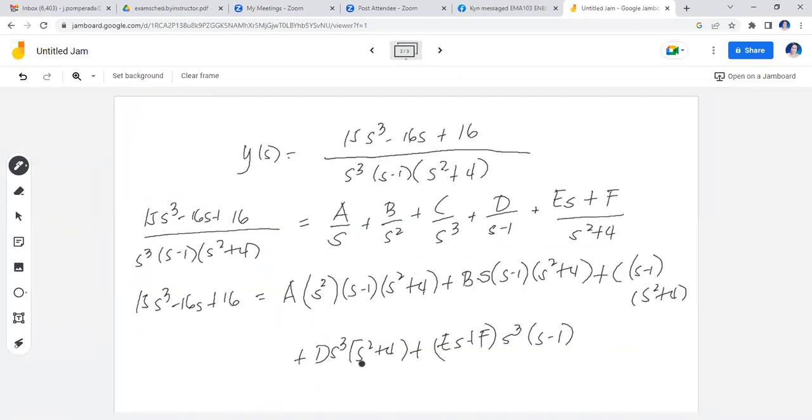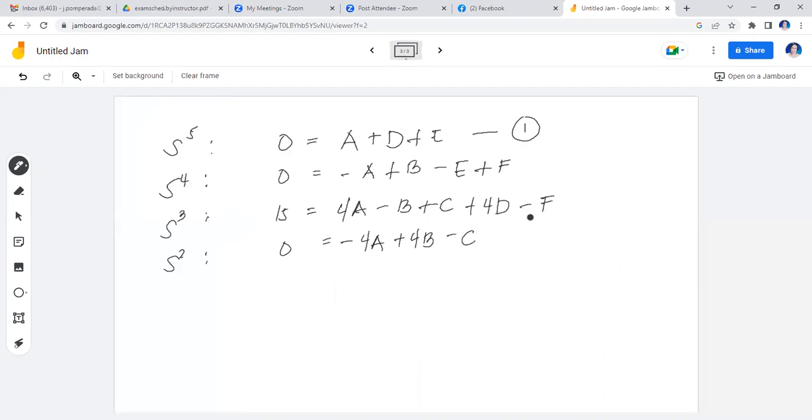Negative C here. This one, none, because that's cube. This one is 5th. This is 4th. This is cube and this is 4th. So none for the F. Then we go to the S. 16.